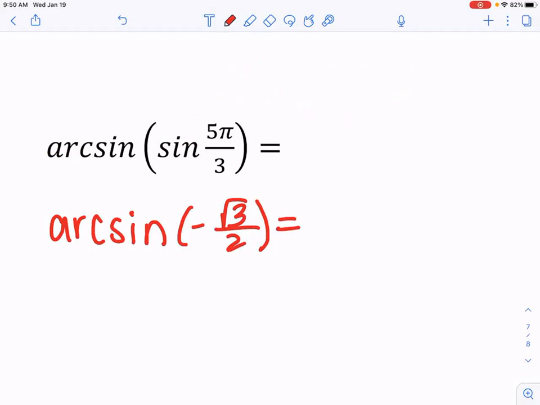So now if I ask you for the arc sine of -√3/2, well, that can only come from the first or fourth quadrant. Since it's negative, we have to rotate negatively to the fourth quadrant to get negative π/3.